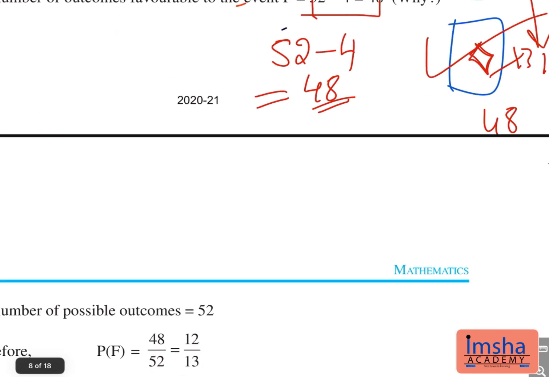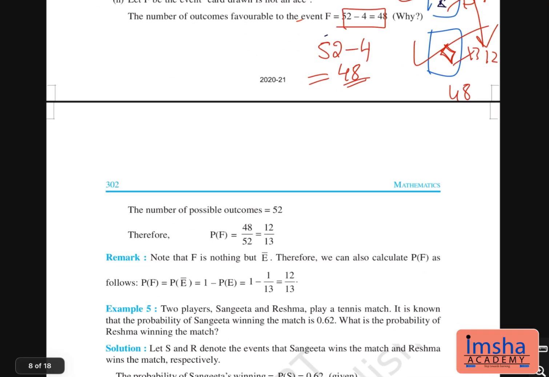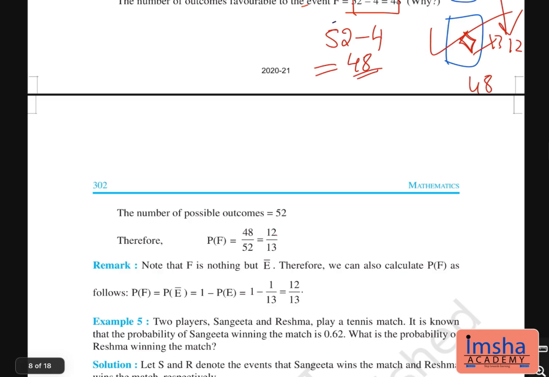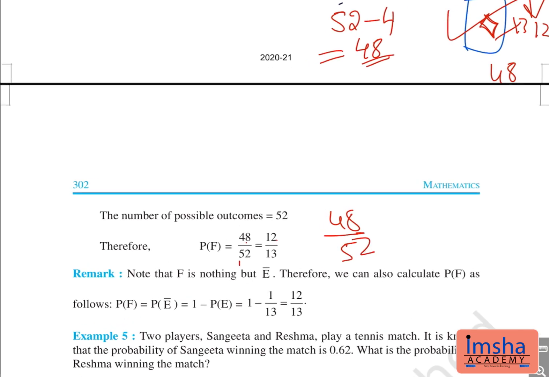Clear? I hope it's clear. So 48 by 52. Not getting an ace means we remove the aces, then all the remaining cards will be there, so we can pick any card. So 48 by 52.